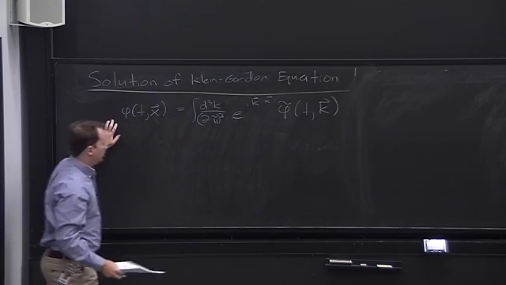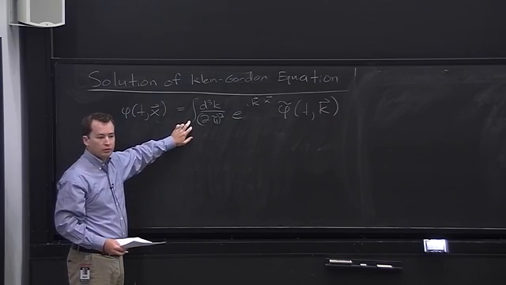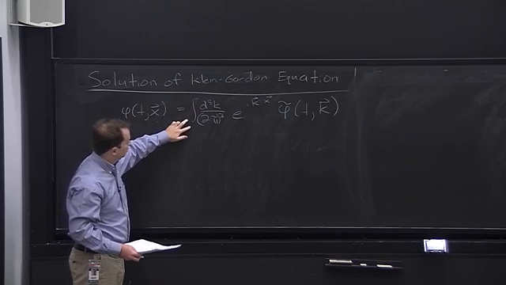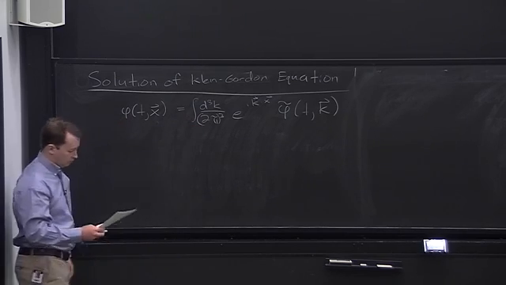This could also be done by doing a 4-dimensional Fourier transform. It's not that much more difficult, but I think this way is slightly simpler, so I'll do it this way.